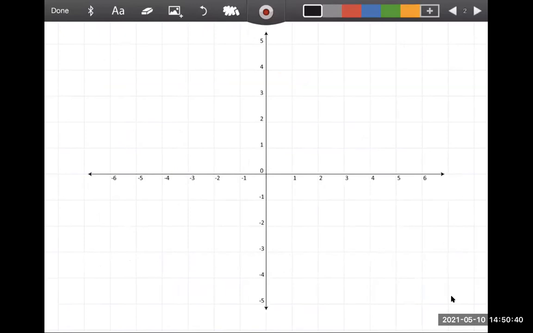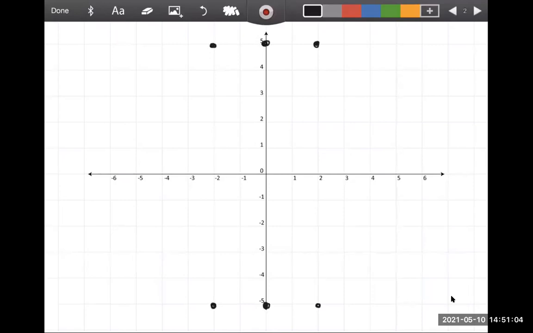All right. Here is (0, 5). Here is (0, -5). And now my asymptotes are going to pass through (2, 5), (2, -5) and (-2, -5).